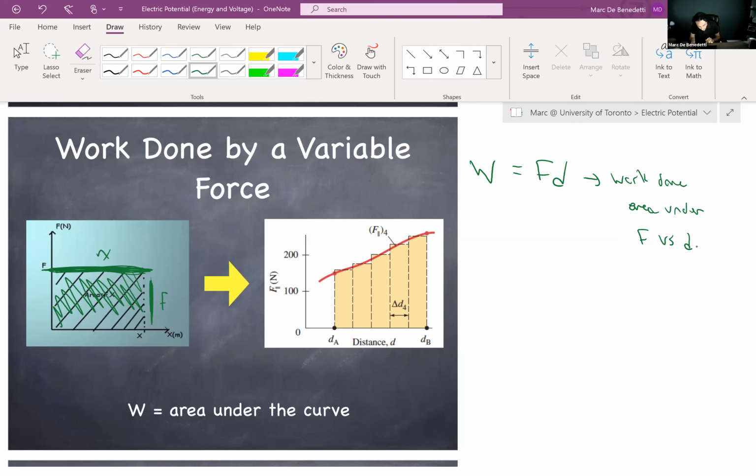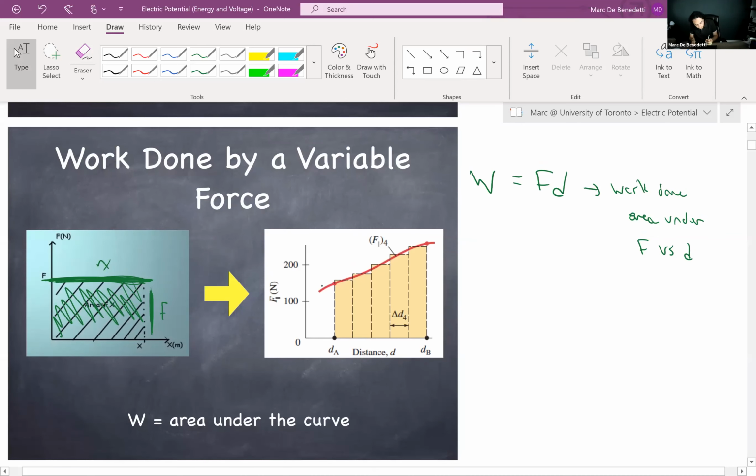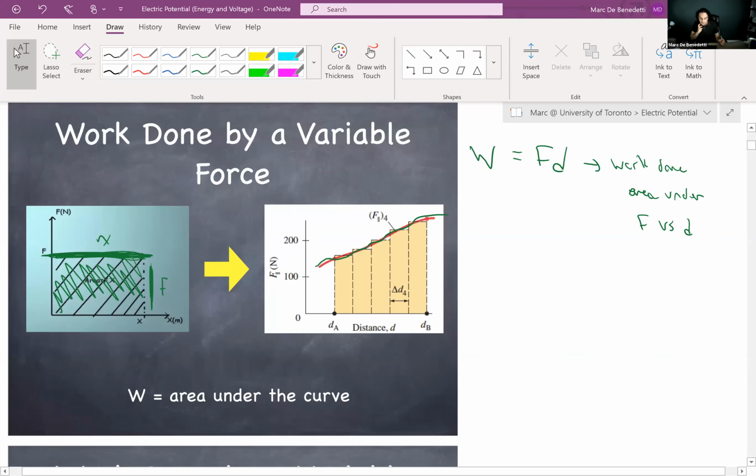However, what if we had a variable force, a force that changes? Well, what you can do is approximate the area under the graph using many small rectangles. You've seen this done in first-year calculus, whether you take 134 or 135, or I don't know if there's the same course code downtown or at St. George or at Scarborough, but first-year calculus, it's all pretty much the same. What you can do is say the work done is approximated by the work done in rectangle 1 plus the work done in rectangle 2 plus rectangle 3 plus rectangle 4, et cetera.